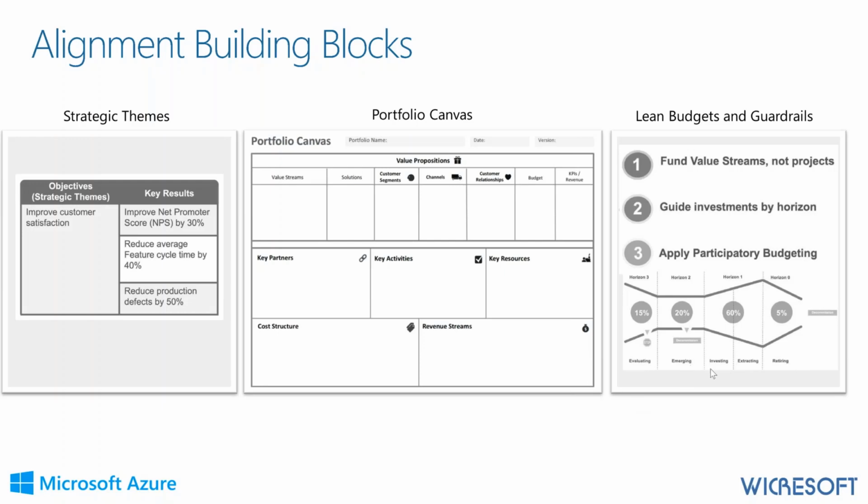And you can see here that we have investment horizon 0 through 3, and some prescriptive percentages where the budget for the portfolio should be. So these are key inputs. If we can complete this, then we actually can begin to operationalize that portfolio Kanban.